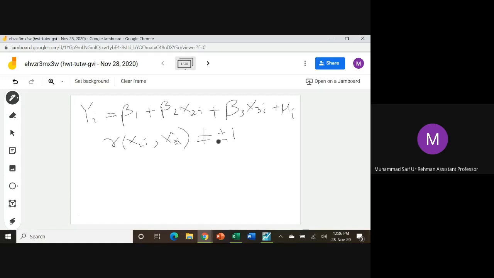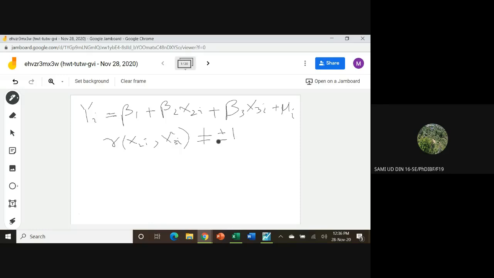It may be in between. If it is between minus 1 and 1, okay, no problem. We can tackle the situation, or multicollinearity is not that severe that we take care of this. But if it is exactly equal to 1 or minus 1, then the assumption will be relaxed, or it will fail.